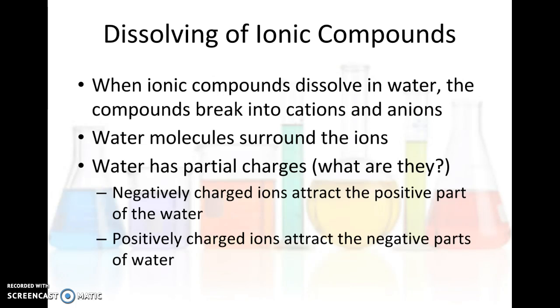Water molecules surround those ions. And remember those partial charges on water? The negatively charged parts of those ions will attract the positive part of water, the hydrogen, and the positively charged ions will attract the negative parts of water.